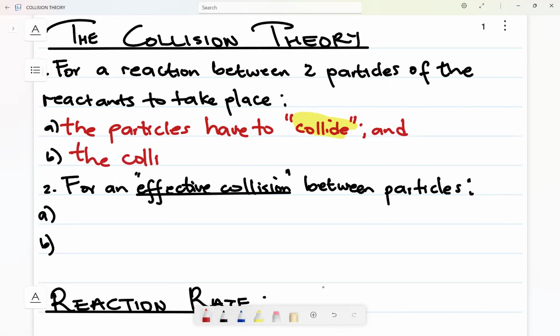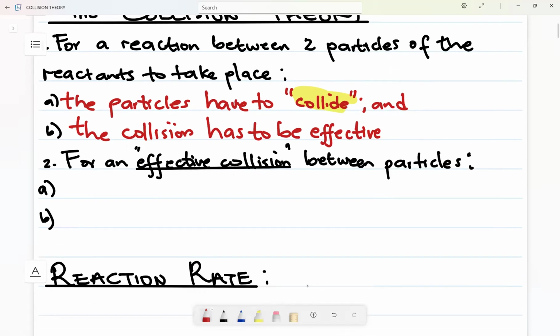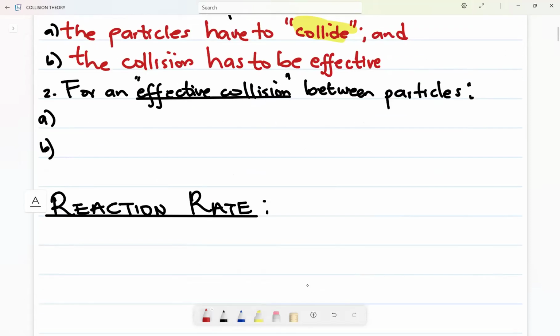We are saying the collision has to be effective. Yes, these are the two conditions needed for a reaction between two particles to occur, right? The most important part is that for the effective collision, what is it that is needed?